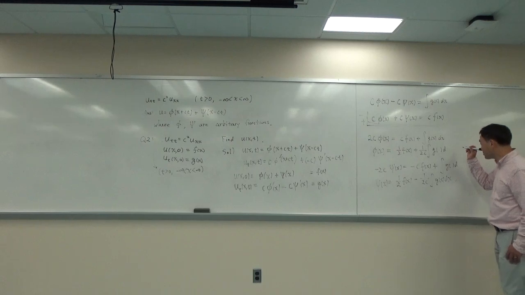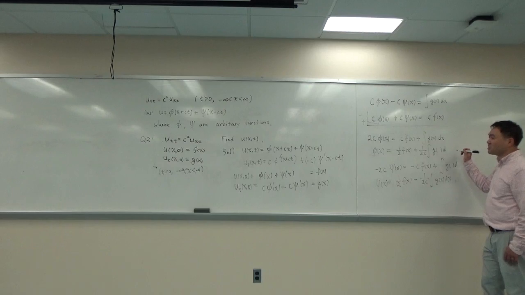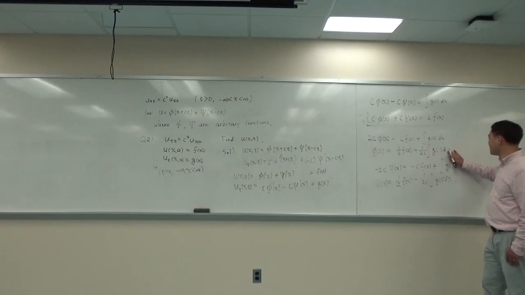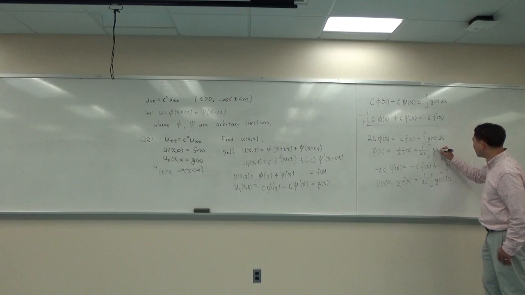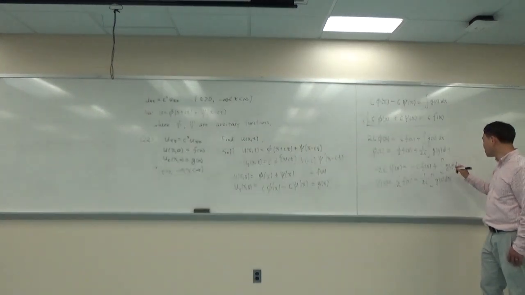Should I use y? I wonder what the textbook says. I think I did see in some cases they use x prime, but that's ugly. It's confusing with the primes. I'll just use y. How's that? Is that okay? So I'll just use y.